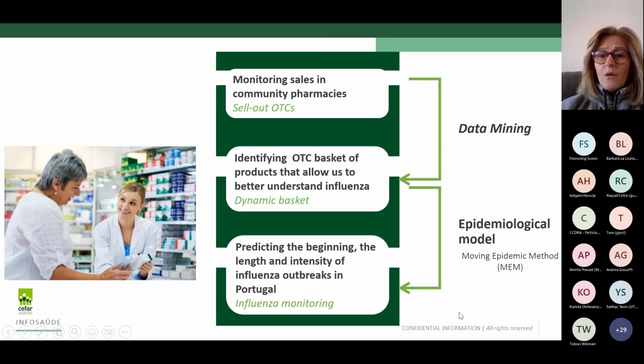we construct our model? So we have all the sales of OTCs and prescription medicines. We monitor the sales over every season of flu from October to March. We identified an OTC basket that allows us to better understand the dynamic of influenza.